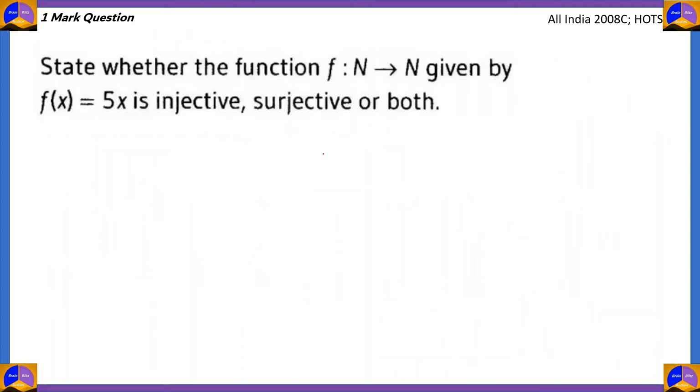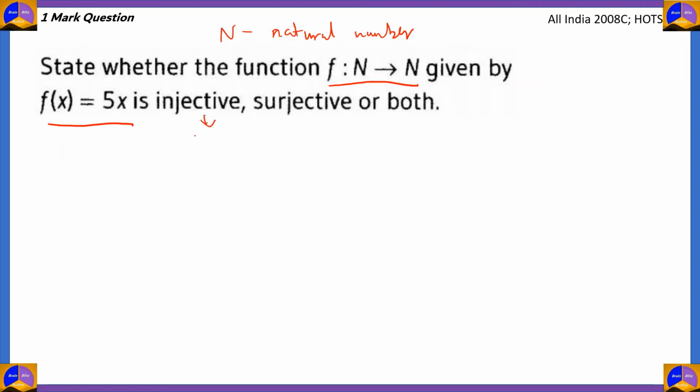Now we move on to our last question. State whether the function f, which is defined between natural numbers, so its domain is the set of natural numbers and the range is the set of natural numbers, given by the function f of x is equal to 5x, is injective, surjective, or both.